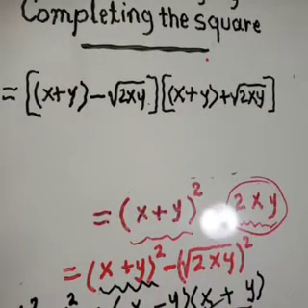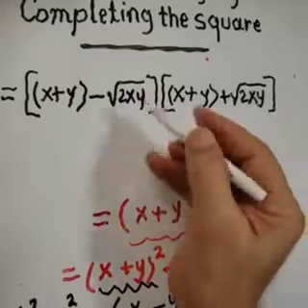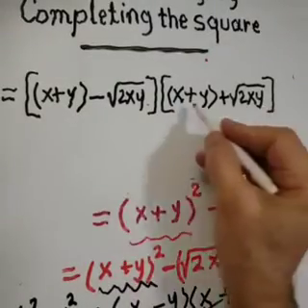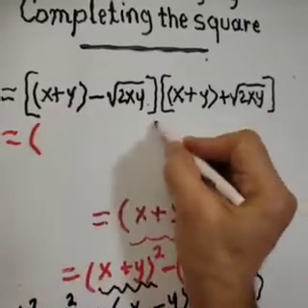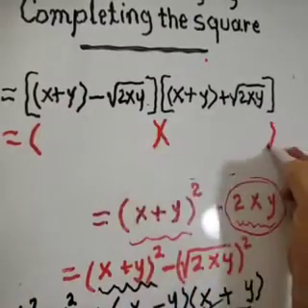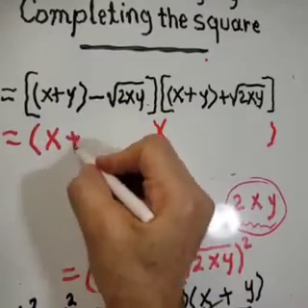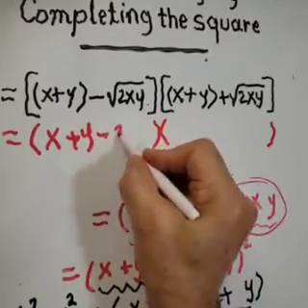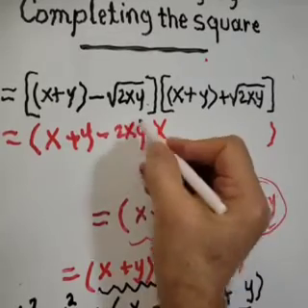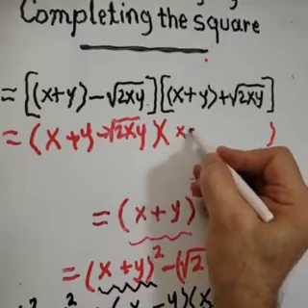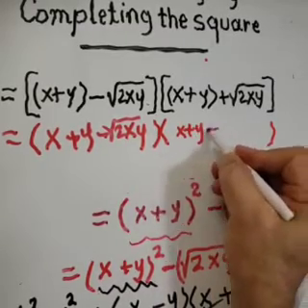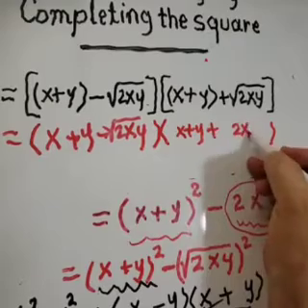That's it. If you want to simplify the answer, you can write it with just one kind of bracket instead of two, like this: x plus y minus the square root of 2xy, times x plus y plus the square root of 2xy.